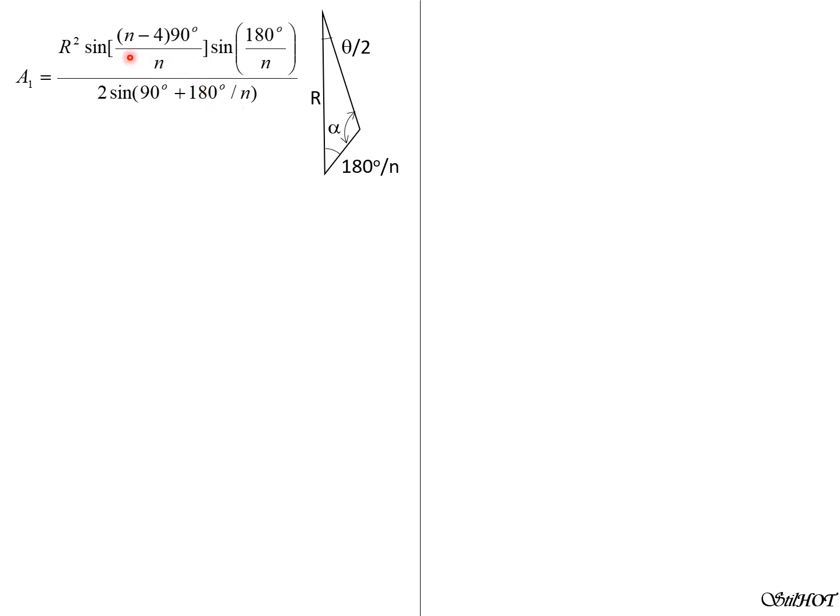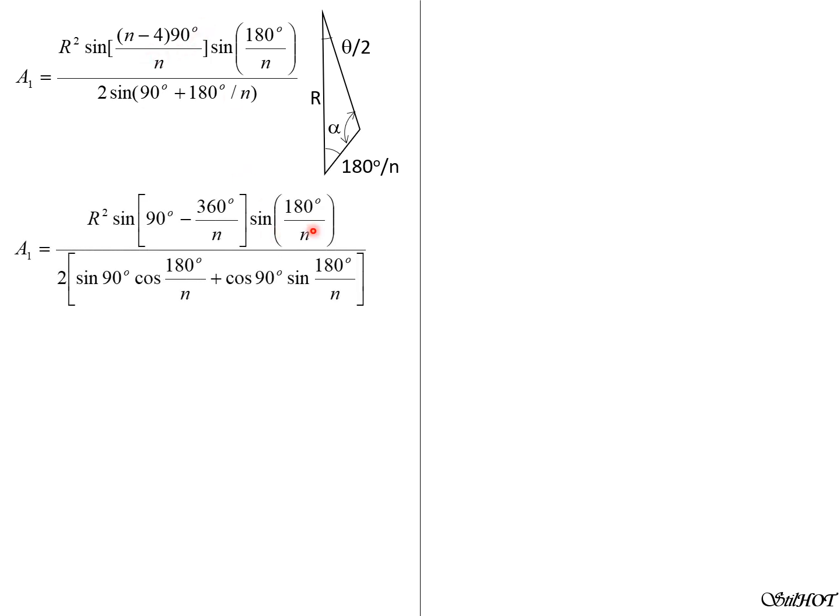So this is sine of 90 degrees minus 360 degrees over n. If we simplify, then sine of 180 degrees over n. Then expand this by some formulas: sine 90 cosine 180 degrees over n, plus cosine 90 sine of 180 degrees over n.